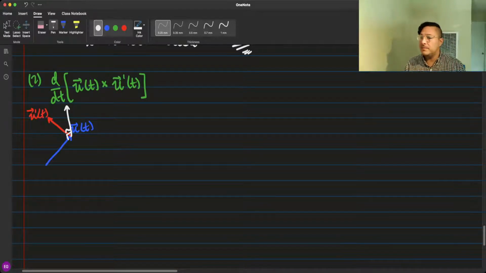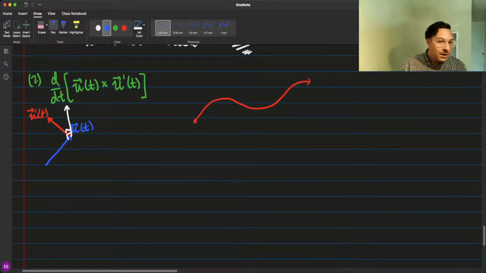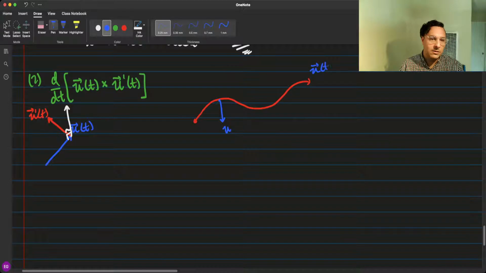This ends up being really interesting, and we'll talk about why really quickly. Let's say that here is your curve moving around. Let's say this was the function u, so this would be your u vector.